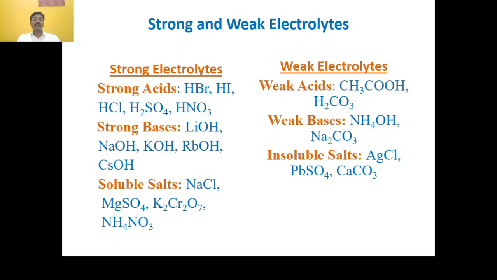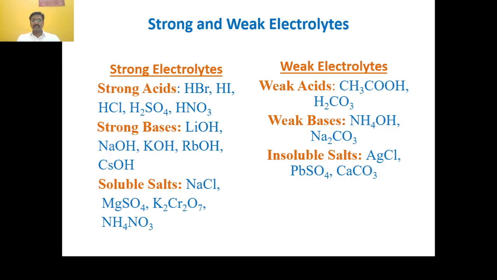Strong bases like lithium hydroxide, sodium hydroxide, potassium hydroxide, rubidium hydroxide and cesium hydroxide. Soluble salts like NaCl, magnesium sulfate, potassium dichromate, ammonium nitrate are examples of soluble salts of strong electrolytes.